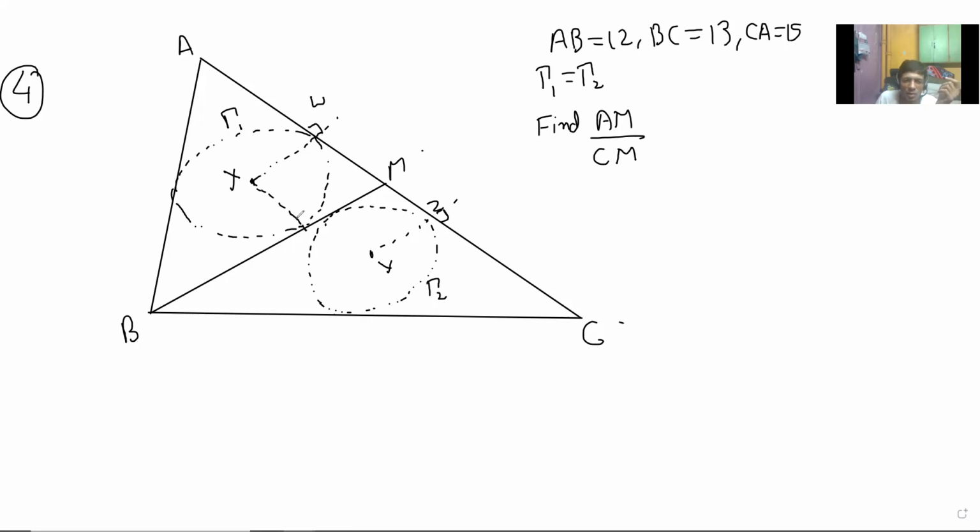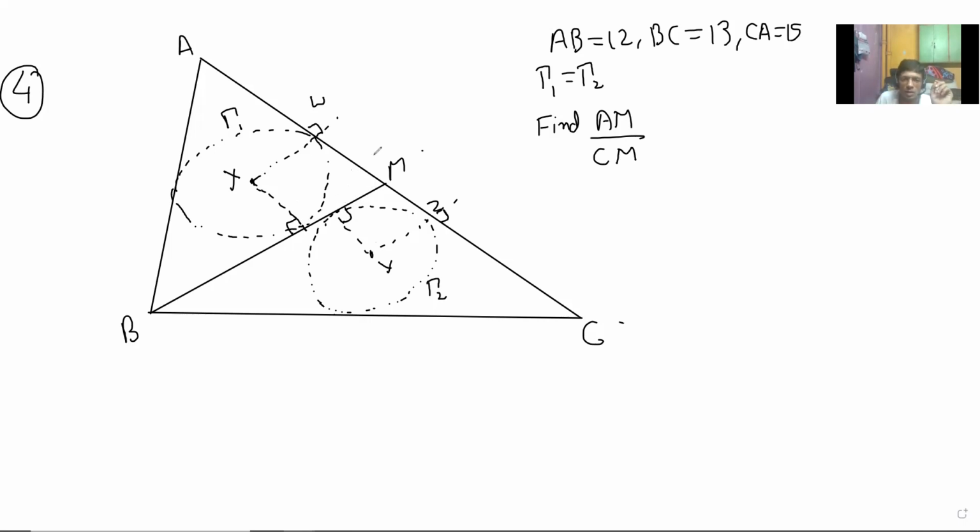Getting a little confused. There is this and there is this. Yeah. So we are done, right? Because these two heights are going to be the same. So this height is the same as this height. Is that right? Because the radius is same, right? And that height is the radius.